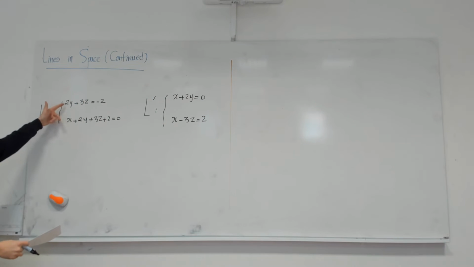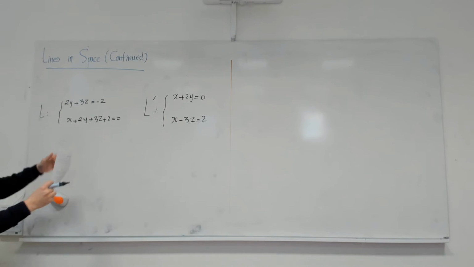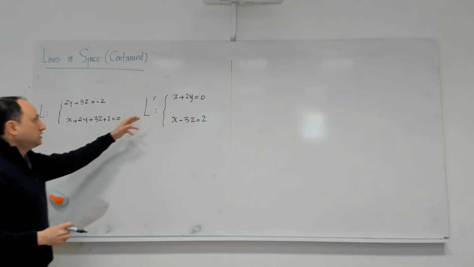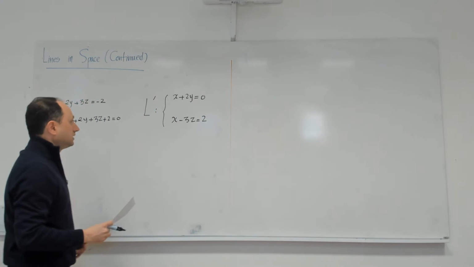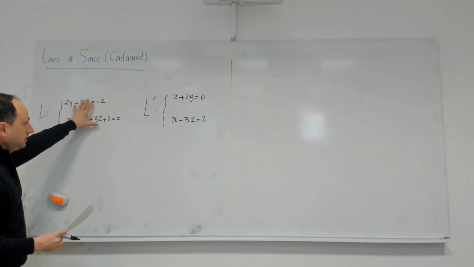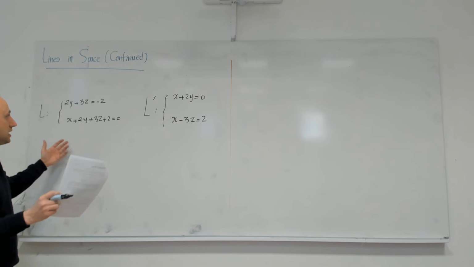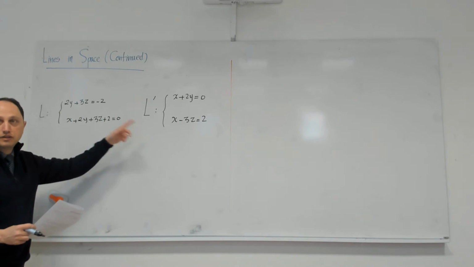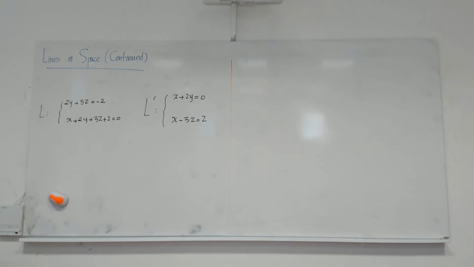These are two of infinitely many planes that intersect at this line, and those are two of infinitely many planes that intersect at that line. Now, this is a line at the end, and that's a line at the end. But I want to understand the relative position between these two lines, expressed in this form. So the geometry is the same, the algebra becomes different.